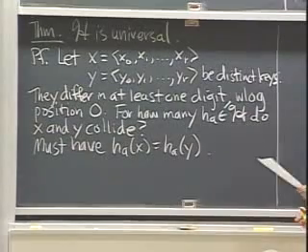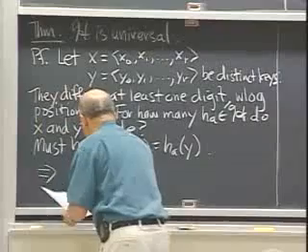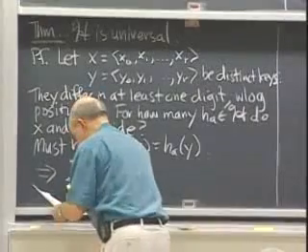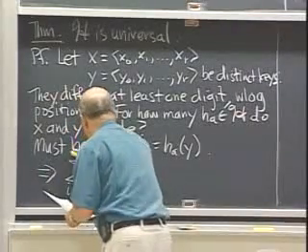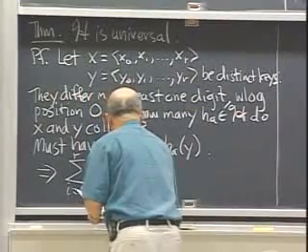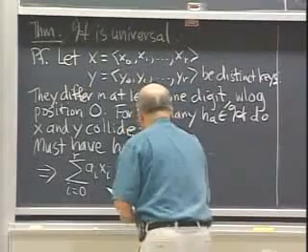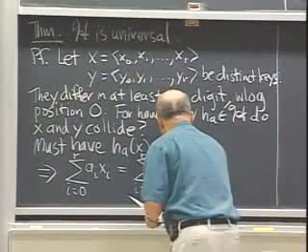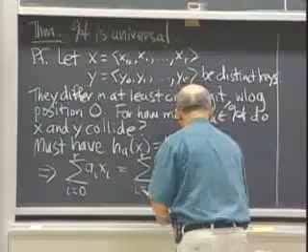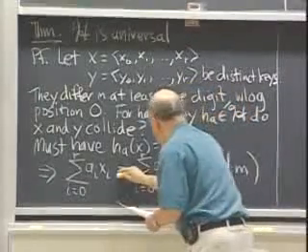So that implies that the sum of i equals 0 to r of a sub i x sub i is equal to the sum of i equals 0 to r of a sub i y sub i mod m. Actually, this is congruent, mod m.